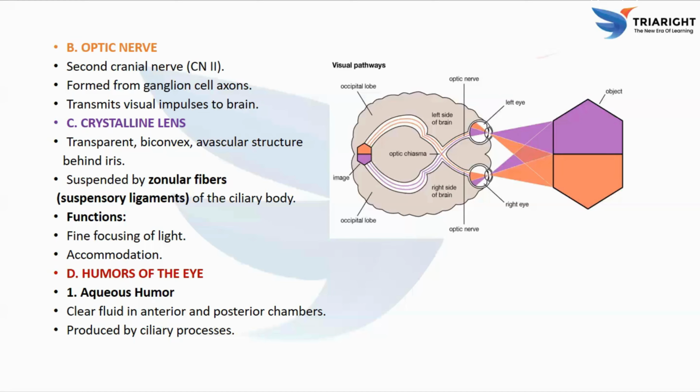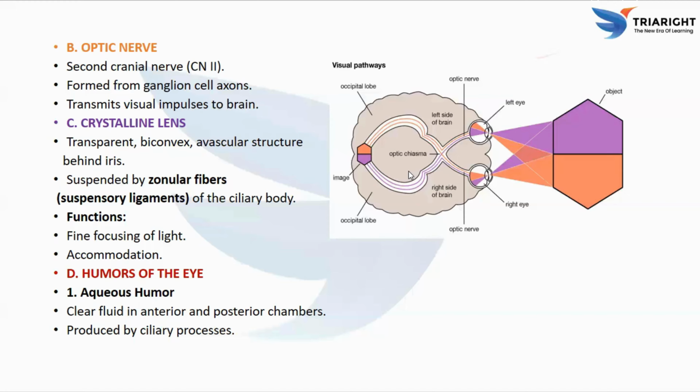So why does crossing happen over here? It allows both sides of the brain to receive information from both the eyes, essential for depth perception and also binocular vision. So then the optic tracts. After crossing the optic chiasma, the pathways are called optic tracts.